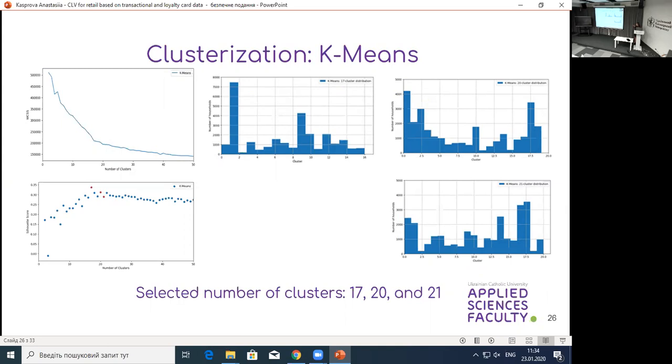And then you start to explore the data, you start to build the distribution of customers among all the clusterization results, and you attempt to pick up those clusters which are more or less balanced.